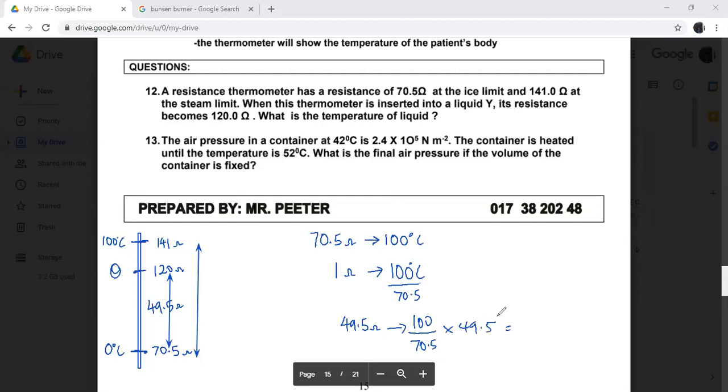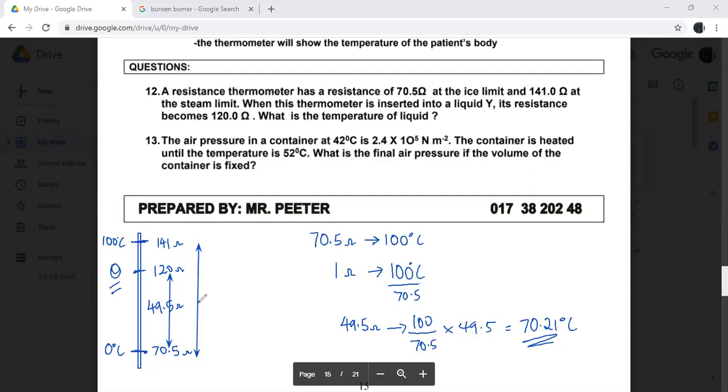What are we getting, guys? We're getting 70.21 degrees Celsius. So that is the temperature, 70.21 degrees Celsius. All right. That's for question 12. We are solving question 12.